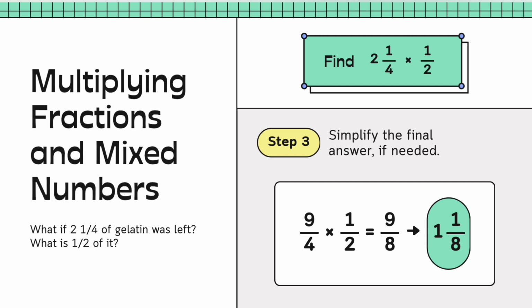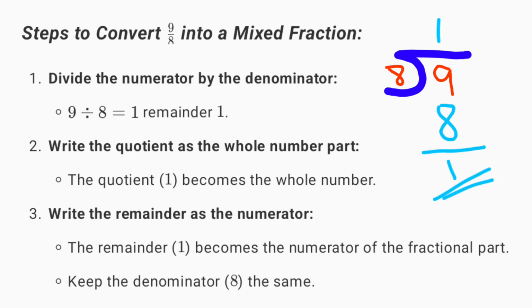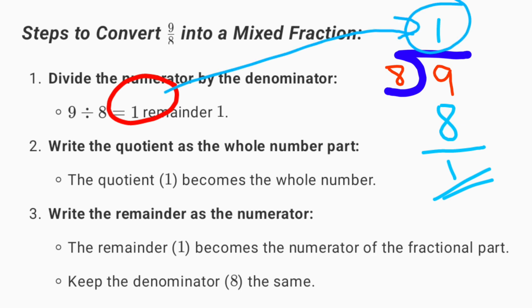Okay, if we want to convert this 9 bar 8 into mixed fraction, then we have to follow some steps here. Number 1, divide the numerator by the denominator. So here the numerator is divided by the denominator and we'll get 1 as the remainder. Next, step number 2, write the quotient as the whole number part. The quotient 1 becomes the whole number.